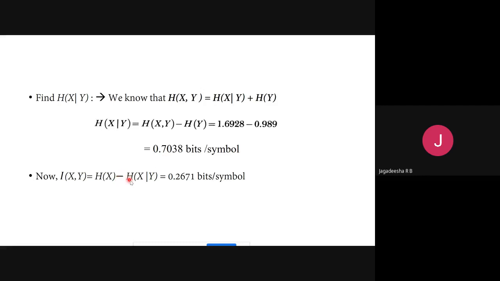So just find the difference between these two. That should give us this value. So that is the mutual information between X and Y. And also, the mutual information between X and Y is equal to this form, right? Entropy of the output minus conditional entropy of the output. So that is also the same value.